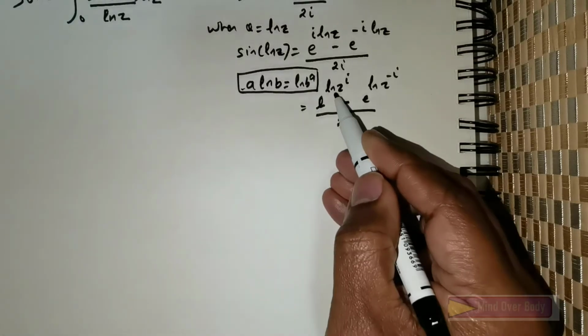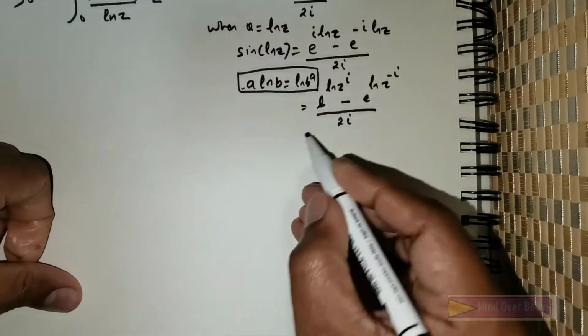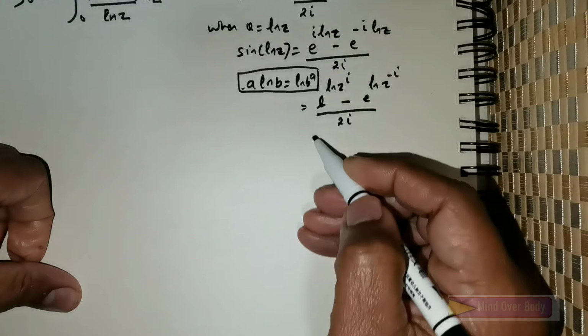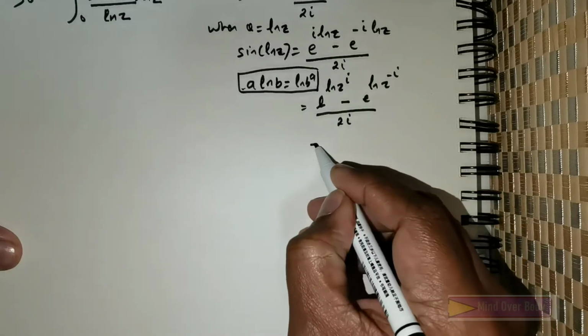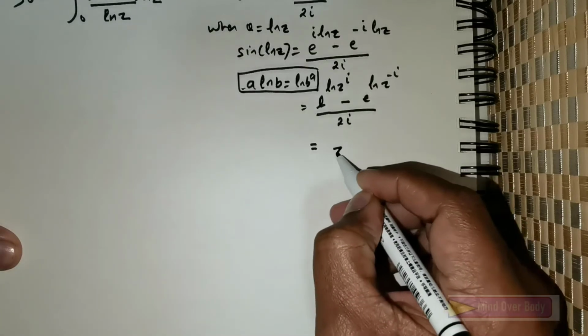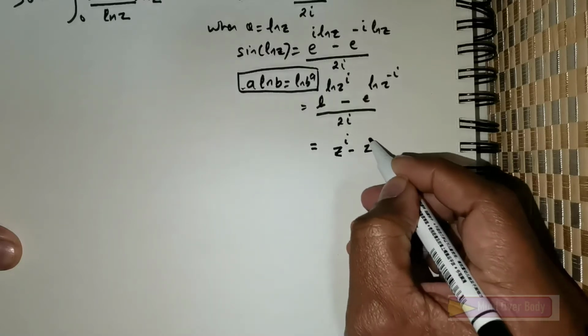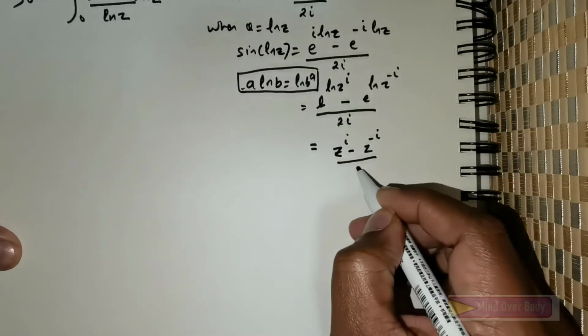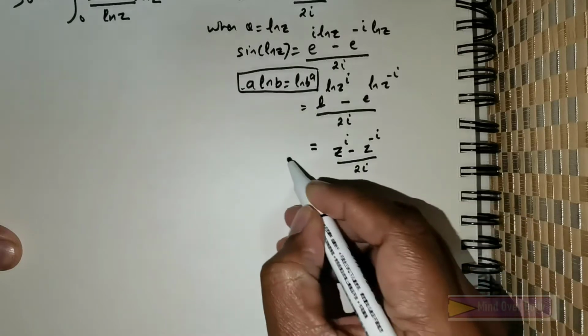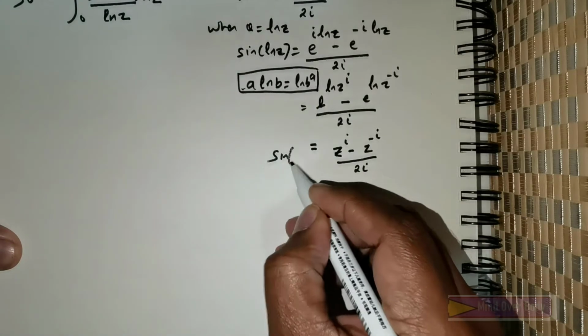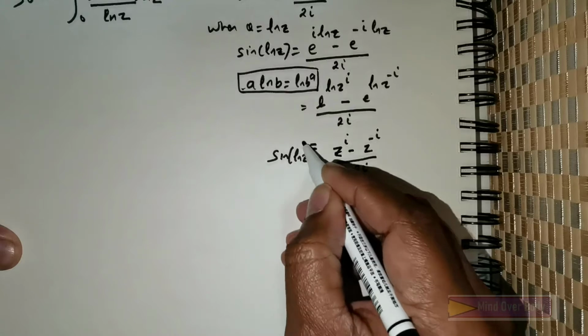Now the e and the ln get cancelled. So we now have z raised to the power i minus z raised to the power negative i, divided by 2 times i. This is what we have got for sine of ln z.